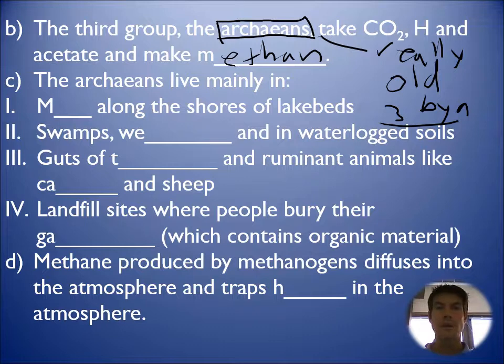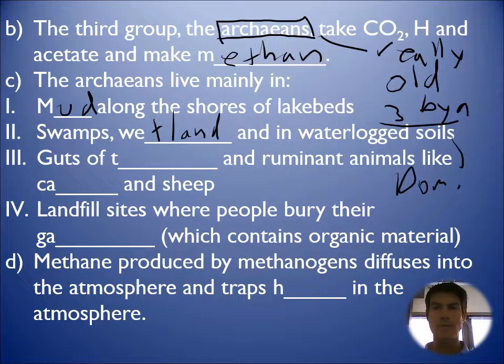And these archaeans, these ancient bacteria, live in the mud along shores and lake beds, swamps, wetlands, and we have a few wetlands over here, Dominguez Gap and DeForest. There's a new set of wetlands we're going to be studying later.